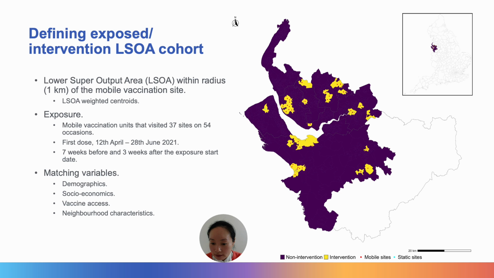These areas are colored in yellow. The purple areas are the non-intervention areas, from which we are going to construct a synthetic control group. I already explained about exposure, which was deployed in the early stages of COVID-19.